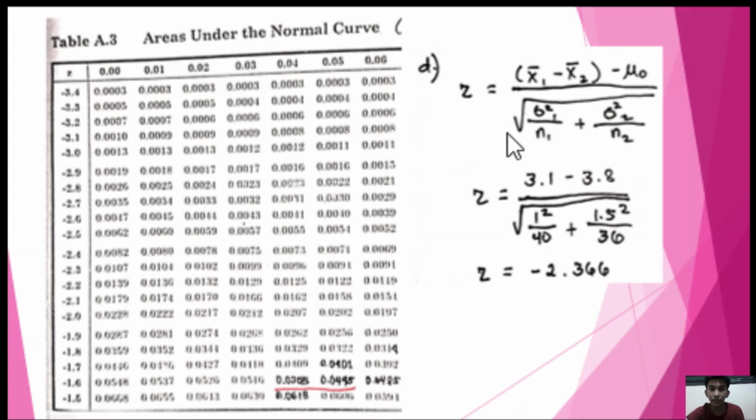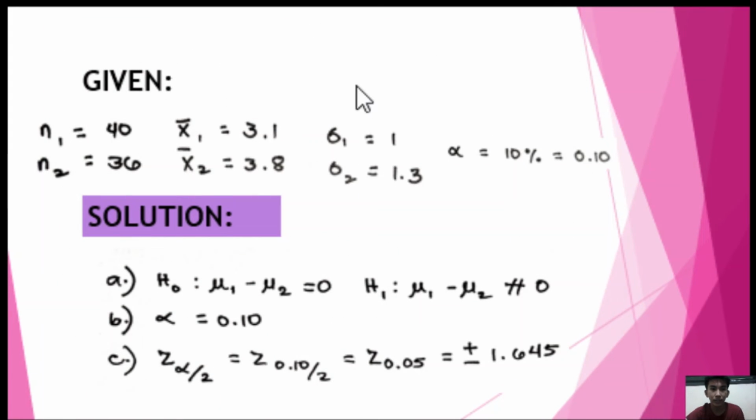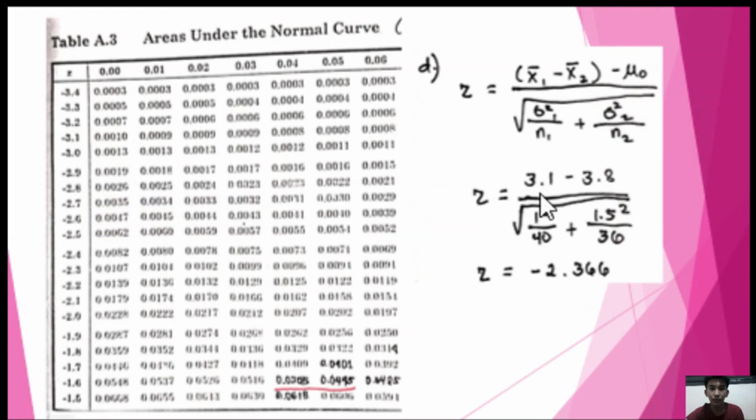Then, substitute natin yung mga given kanina. Z is equal to 3.1 minus 3.8 all over the square root of 1 square all over 40 plus 1.5 square all over 36. Pag tinype natin ito sa calculator, ang makukuha natin is z is equal to negative 2.366.